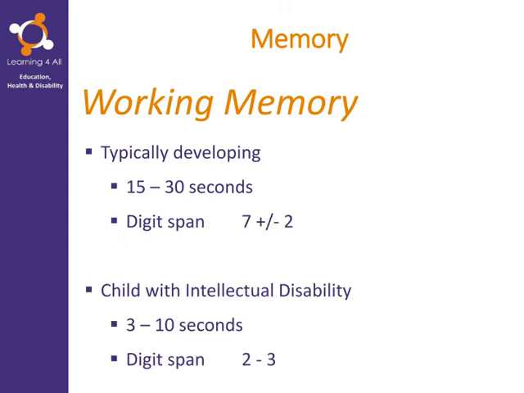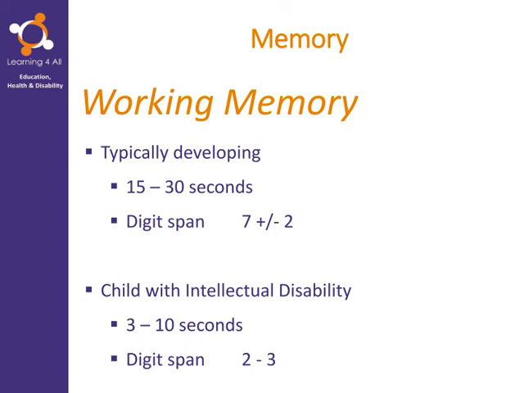A child with an intellectual disability is likely to have a 3 to 10 second working memory and a digit span of 2 to 3 items. If you think about the last set of instructions you gave to your class, how many bits of information were in that one instruction?